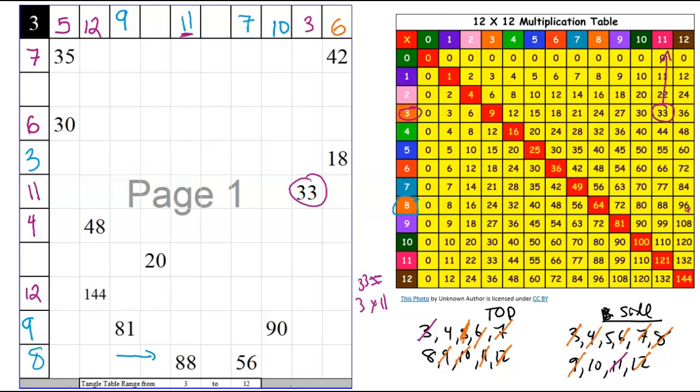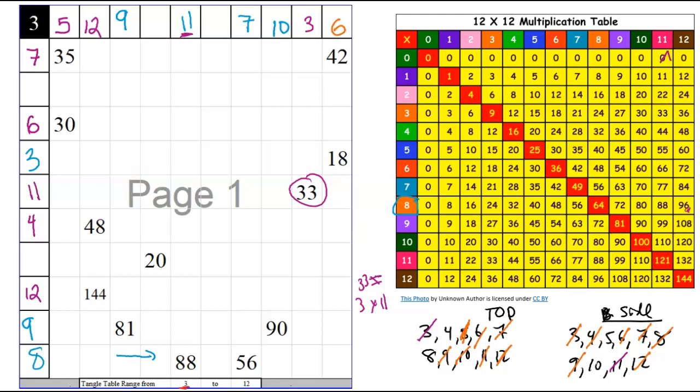Okay. So then I go back to the drawing board, and again, I have no numbers here. I have a 20. Okay, so let's look at 20. Let's change my marker up. So 20 I see is right here. All right, 10 and 2. But notice I'm not ranging from 2, I'm ranging from 3. So that's not going to work. So I come back to the drawing board. Where else do I see 20?